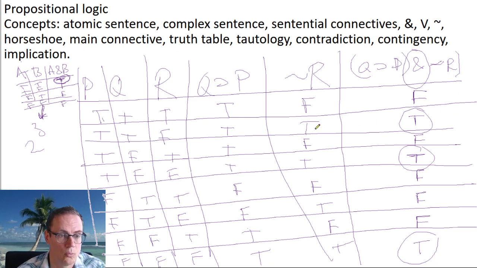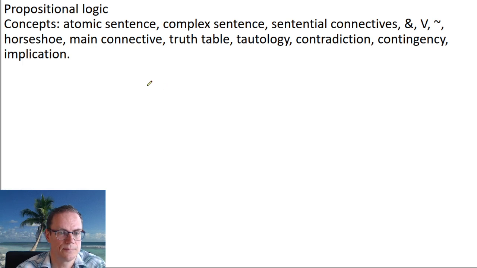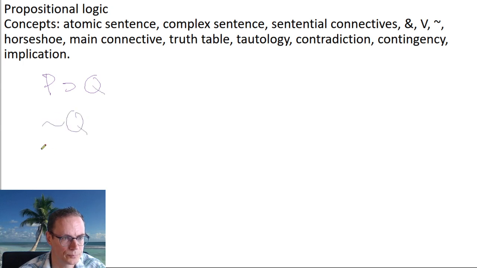Now, one more thing about truth tables is that we can talk about implication and whether arguments are valid. So for instance, if I say P horseshoe Q and not Q, do those 2 premises entail the conclusion not P?